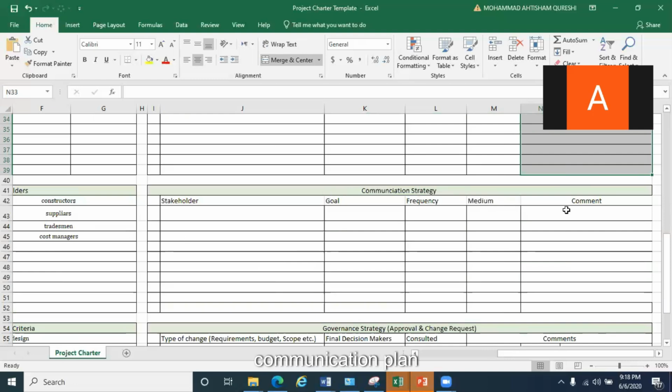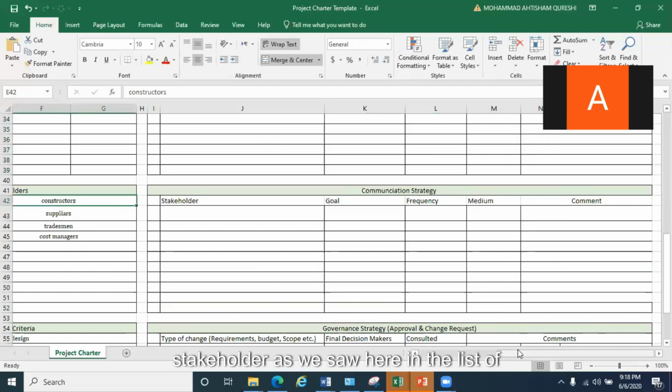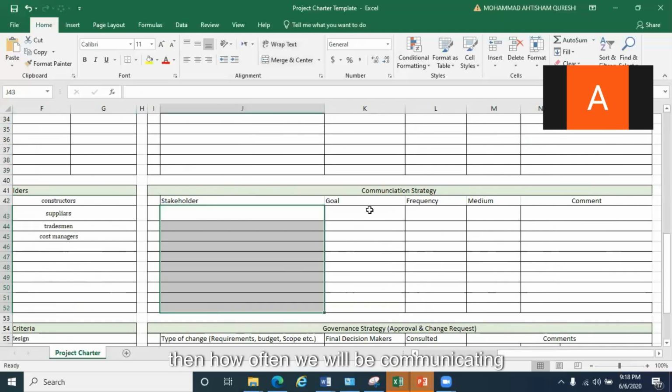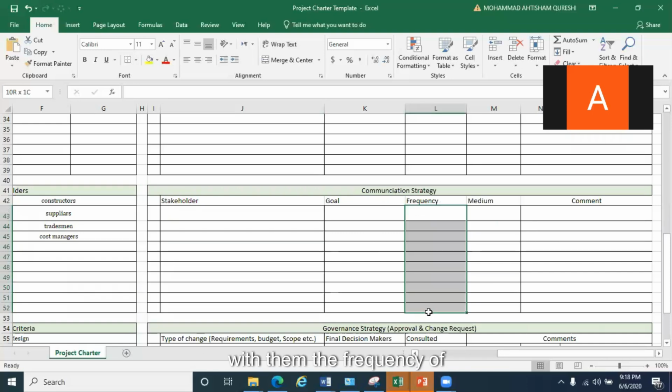Stakeholder communication plan. Definitely, these are rich templates. We can talk about each stakeholder as we saw here in the list of stakeholders, and we talk about what are the stakeholders we have, and then how often we will be communicating with them, the frequency of communication, and the medium of communication.